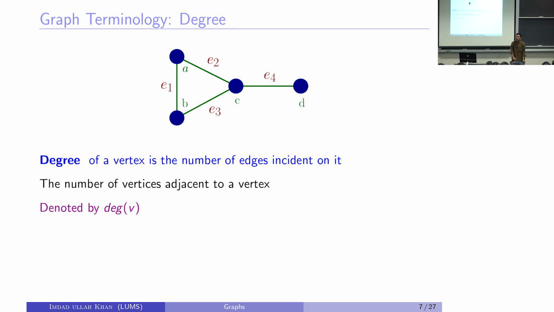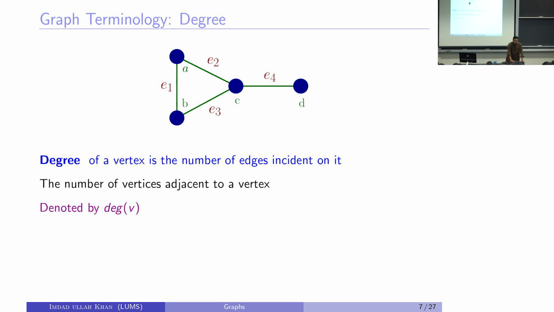If one of the two endpoints is A, then that edge counts toward the degree of this vertex. Is this clear? It's denoted by degree of V, deg of V. Occasionally some textbooks write D of V, so don't be confused by that, but generally D is used for density. Is this clear?